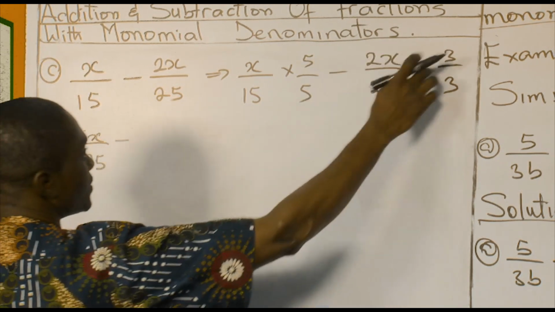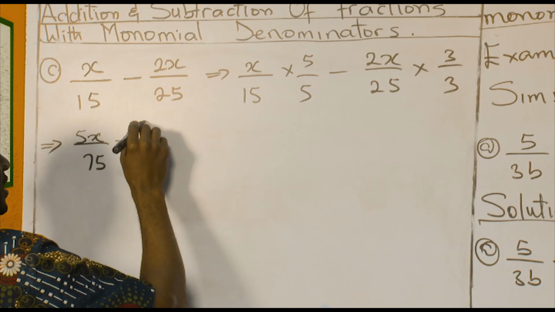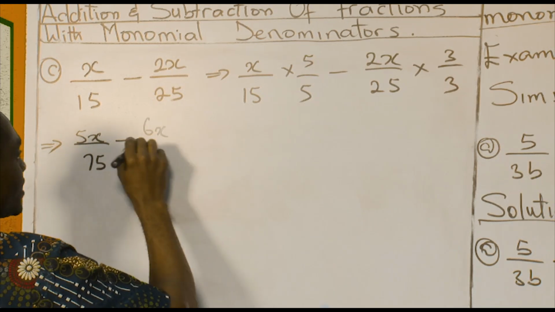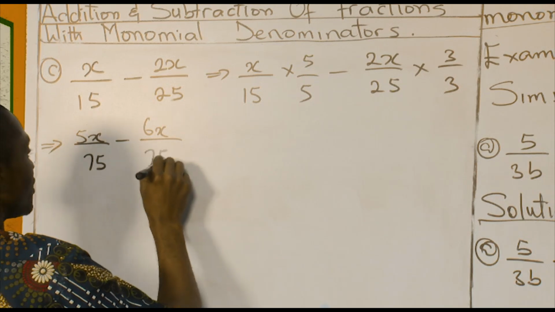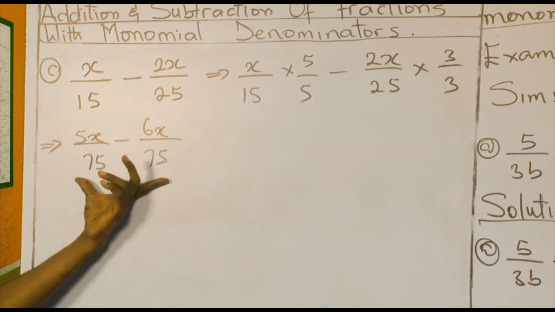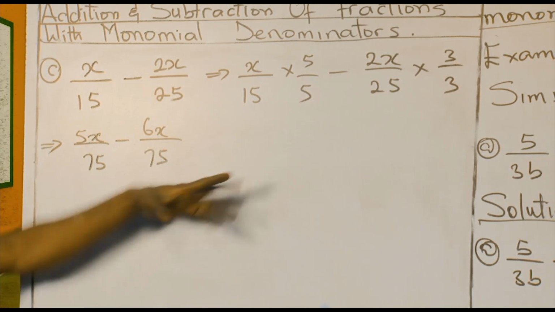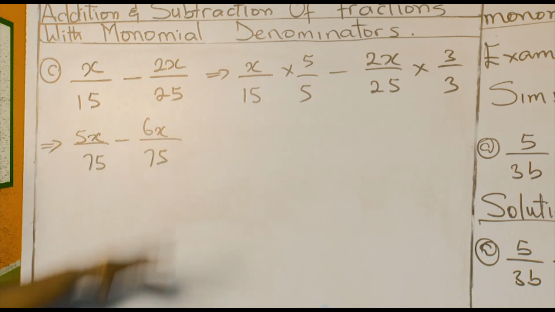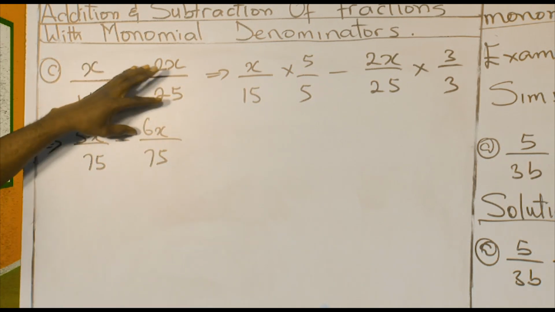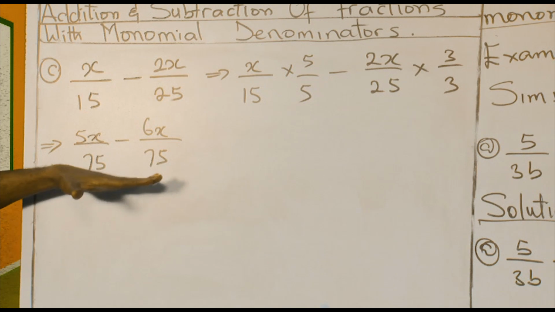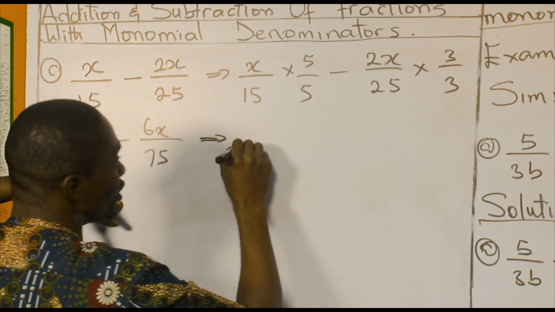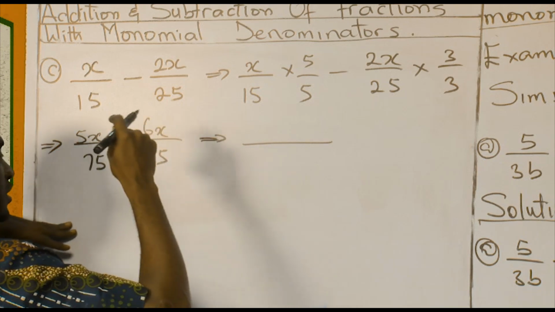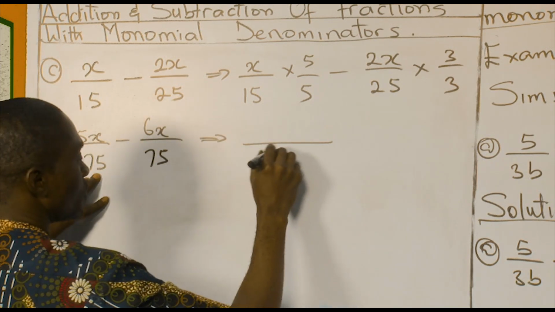Minus 2x multiplied by 3 gives us 6x over 25 multiplied by 3 will give us 75. So we have common denominators. That is the essence of finding equivalent fractions, in such a way that they are going to have common denominators, which will enable us to have a new denominator, which is 75.